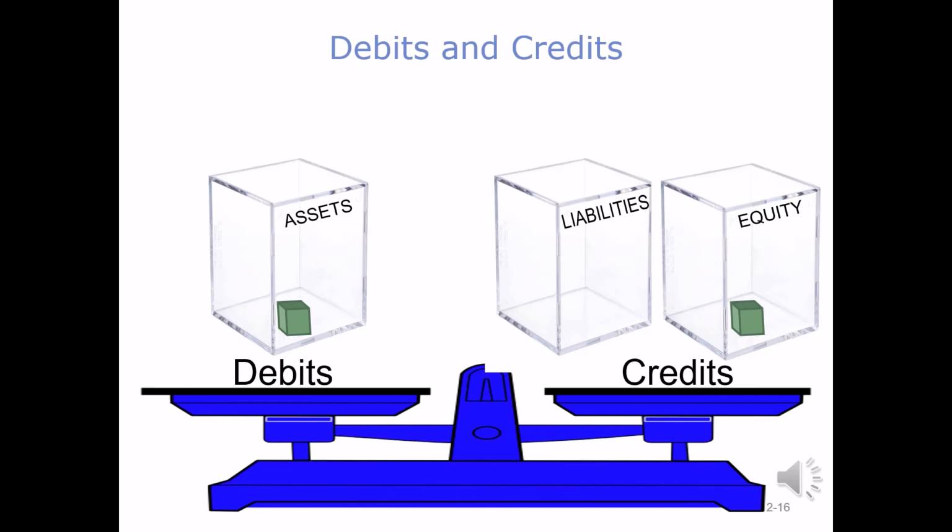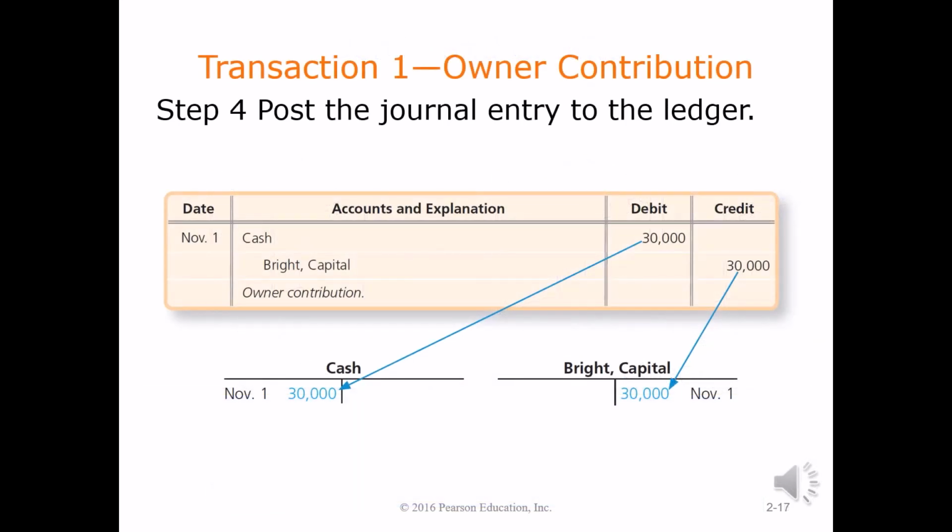Let's take a look again at the journal entry. Remember that step 3 is to actually write the journal entry. The journal entry is the portion here you see that says November 1, cash is debited $30,000 and Bright Capital is credited $30,000. Step 4 is to actually post that journal entry to our separate ledger accounts.